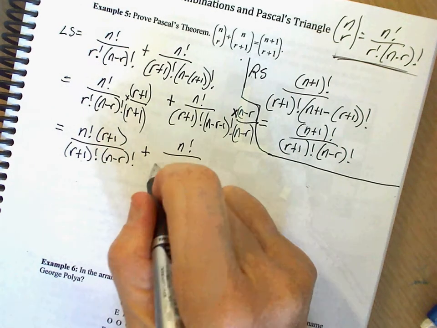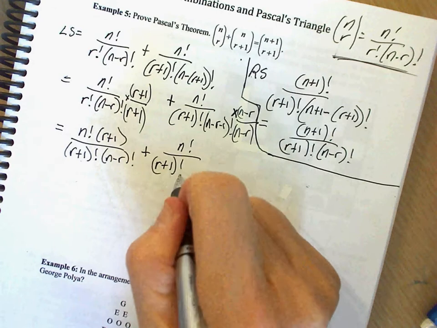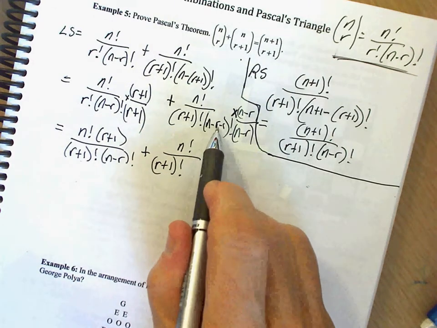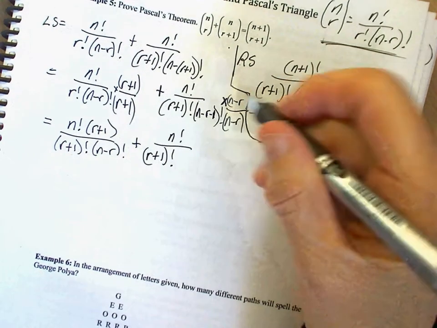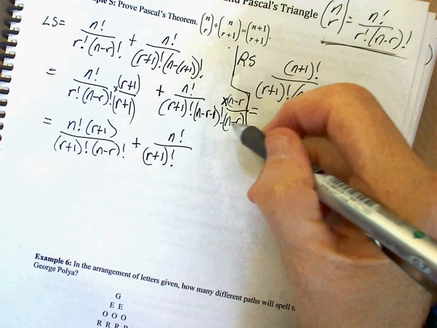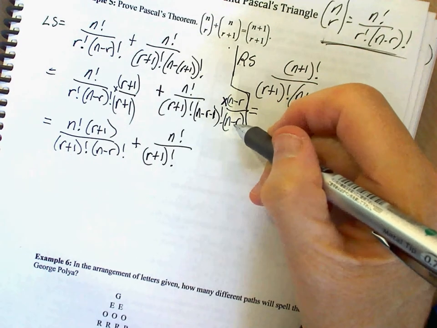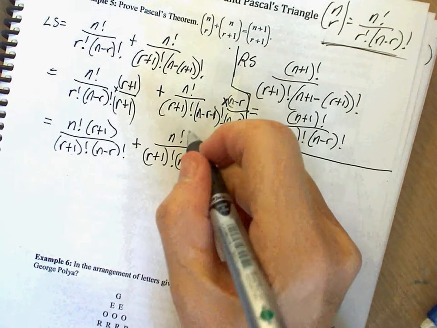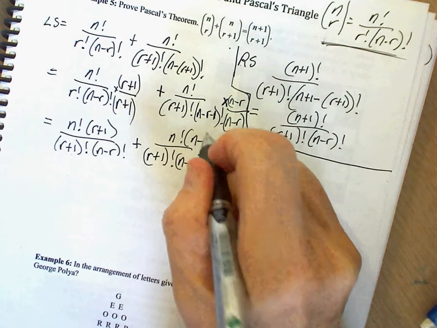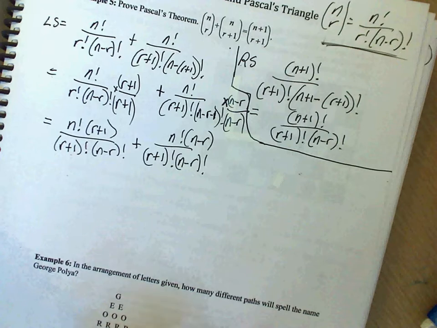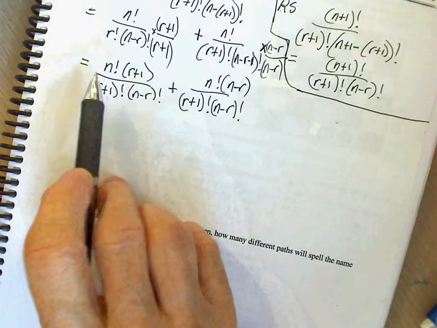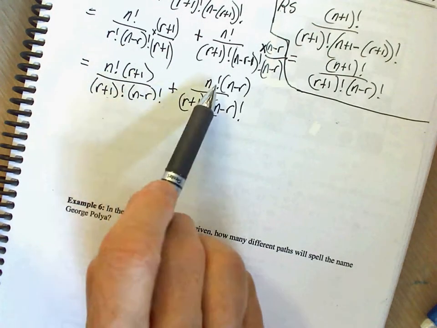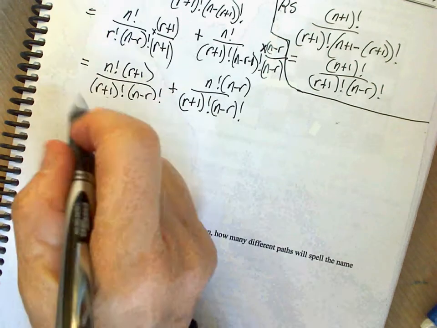So n minus r minus 1, we multiply it by 1 up from that, which is n minus r. So this becomes n minus r factorial. And I can't forget the n minus r, right? So we have a common factor of n factorial. So now we have our common denominator.